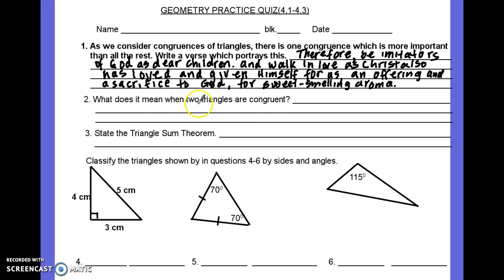Now, in terms of congruent triangles, what does it mean when two triangles are congruent? So what it means, they're three angles and three sides are congruent.